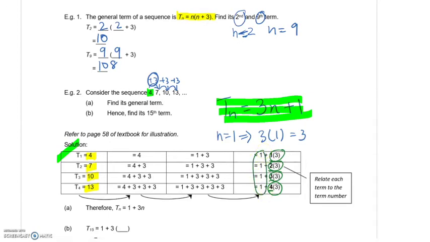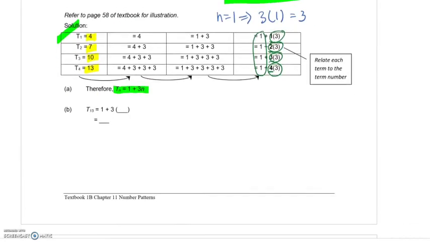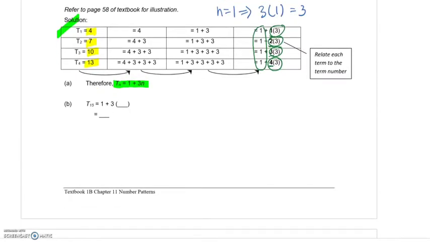So you end up with Tn equals 1 plus 3n. In both methods, you will end up with the same answer, but I will generally prefer to use my method throughout the rest of this worksheet. So let's move on. For part B, T15 will be 1 plus 3 times 15, which means you have 1 plus 45, so the answer is 46.